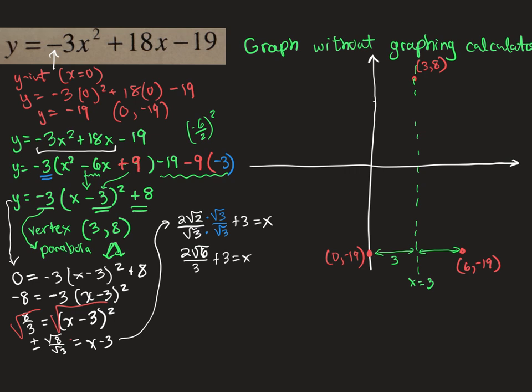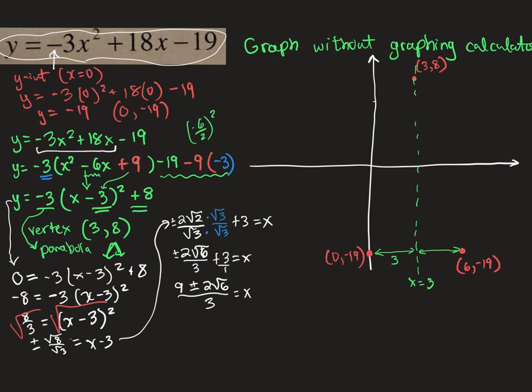You could get a common denominator. Oh, I forgot my plus and minus. Get a common denominator, and then that could become 9, plus or minus 2 root 6, all over 3. And that could actually be found with the quadratic formula using this original equation.